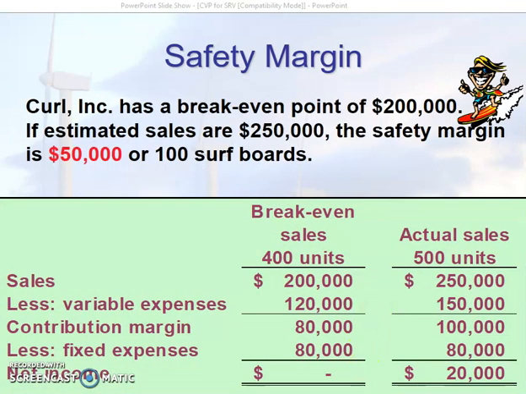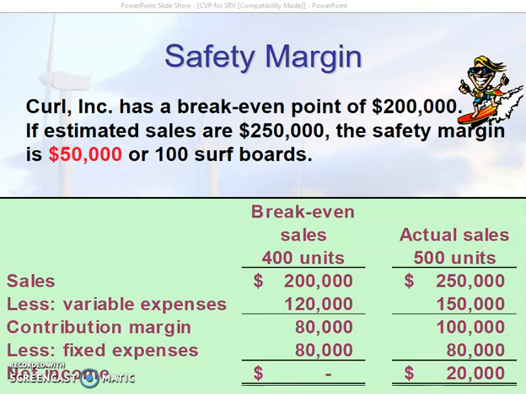So here we have an example with safety margin. It says since Curl, that's the name of the company, Curl has a break-even point of 200,000. Now it looks like they're changing it here. It says if estimated sales are $250,000, the safety margin is $50,000 in dollars and 100 surfboards.